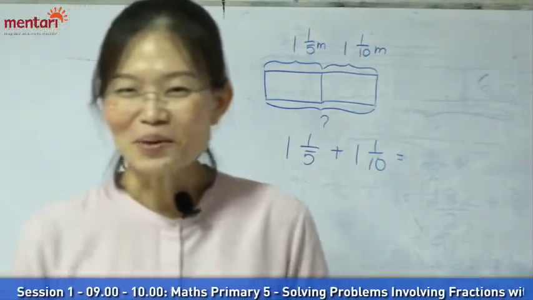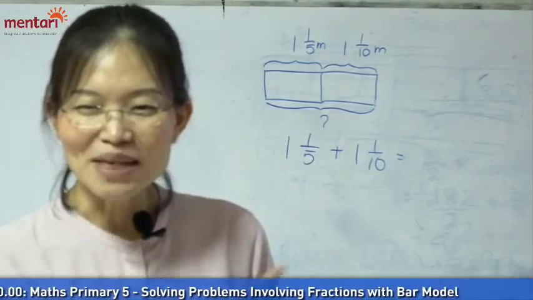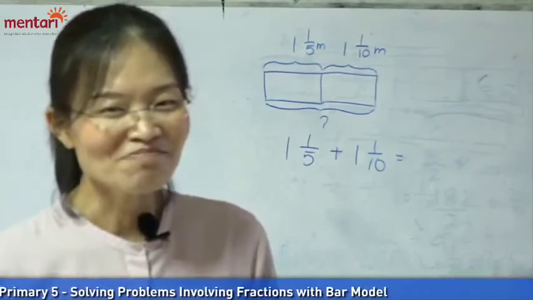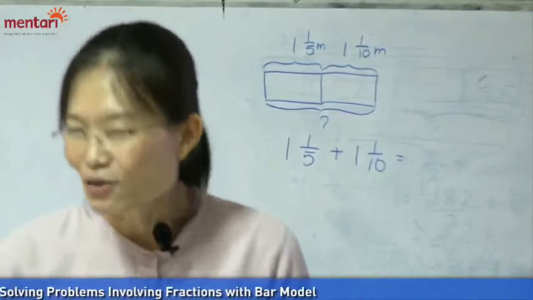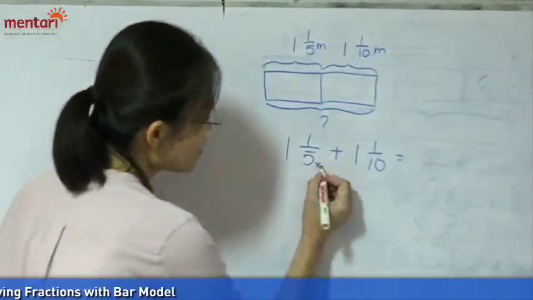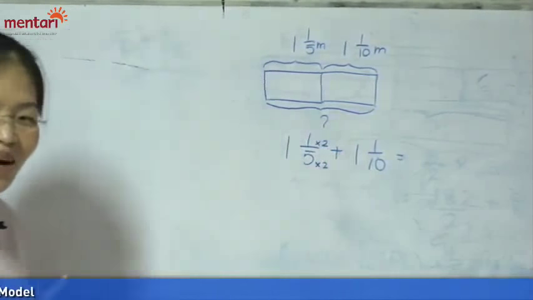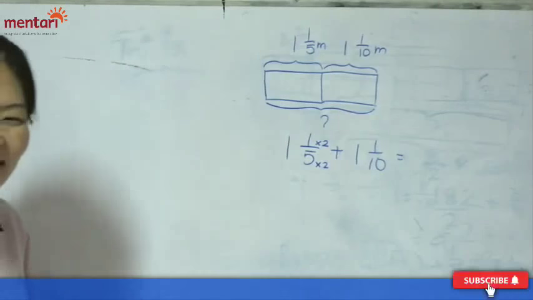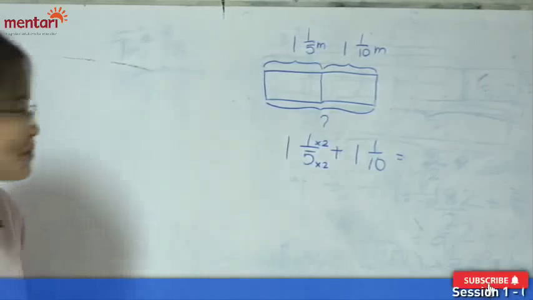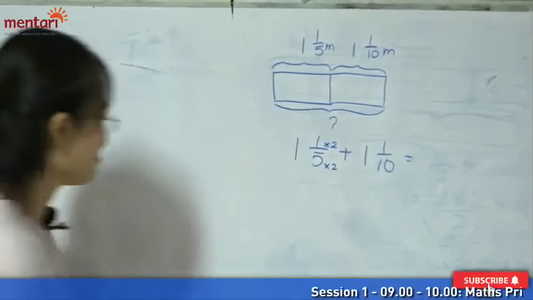So that means we only need to convert one denominator. Can you tell me which one to change? 5 to 10. How do we change 5 to 10? We multiply by 2. I know some of the kids are doing it like that, and that is okay. So now I am using your method in working out the addition of these mixed numbers. You see how I work? And you tell me whether I get it correctly.